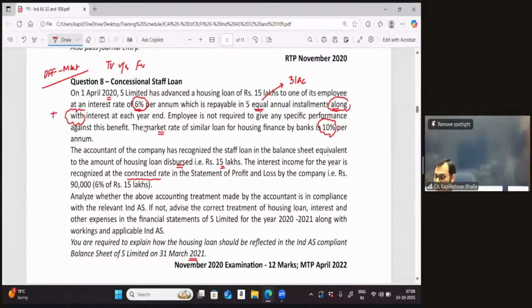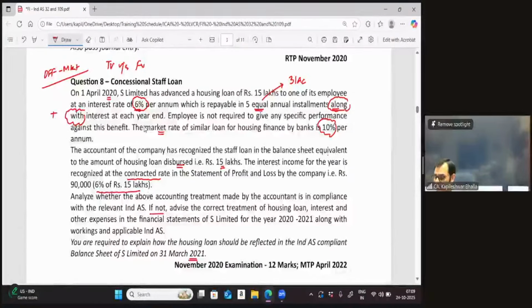That is, he took 6% on 15 lakhs, that is 90. I think that is also incorrect, because the interest is not going to be accounted at the contracted rate of interest. It says analyze whether the above accounting treatment made by the accountant is in compliance with the relevant Ind AS.